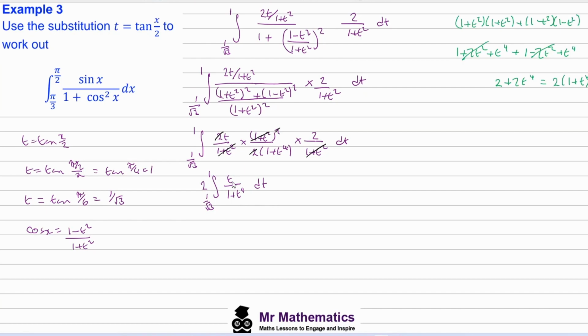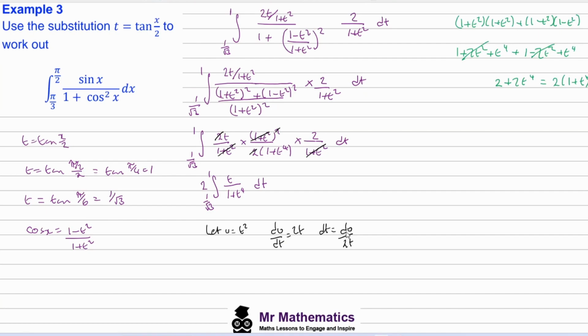Now we can evaluate this using substitution. So if we let u equal t squared, then when we differentiate t squared, we'll get a t term, and that will cancel with this one. So now we need to work out dt in terms of u. Well, du over dt is 2t, so dt becomes du over 2t.